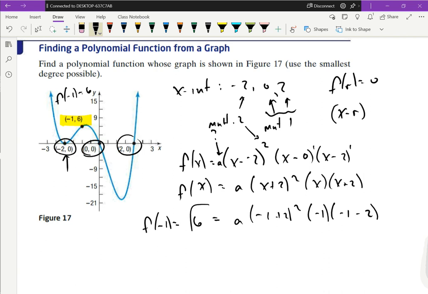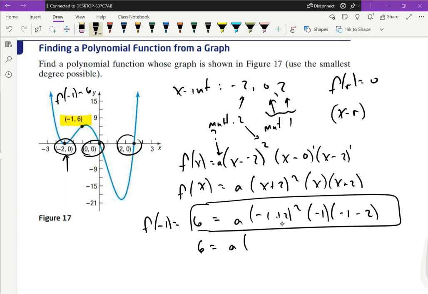Simplifying the right side, 6 is a multiplied by 2 plus -1, which is 1 squared, which is 1, multiplied by -1 multiplied by -3. The double negative turns positive, so 6 equals a multiplied by 3. That means a must have been 2.